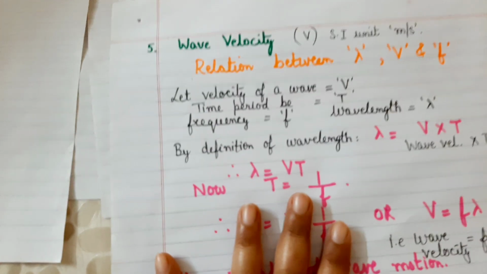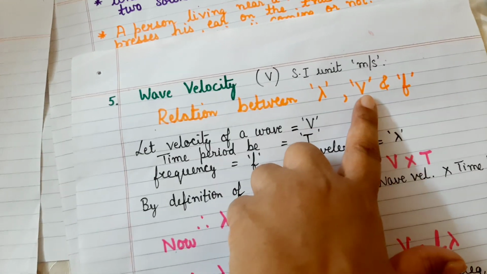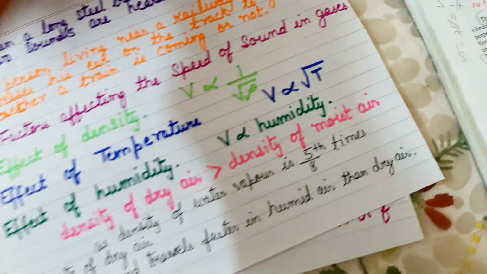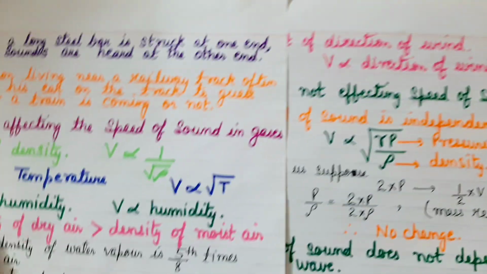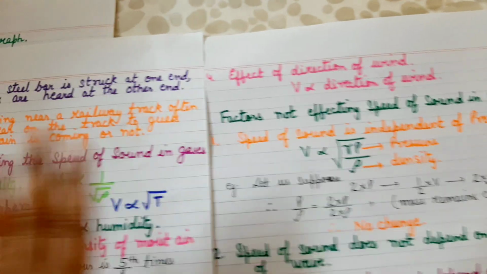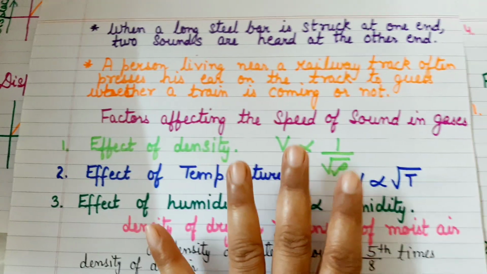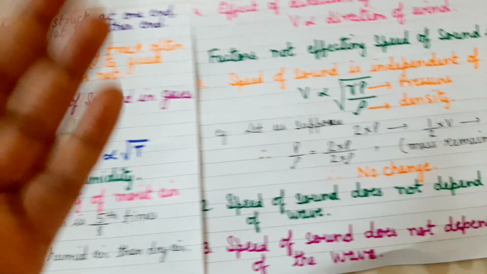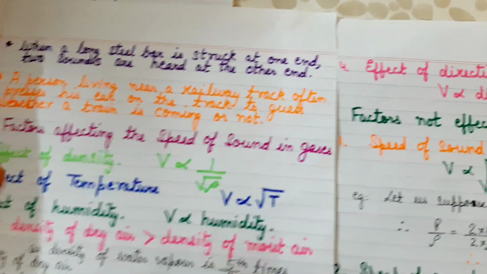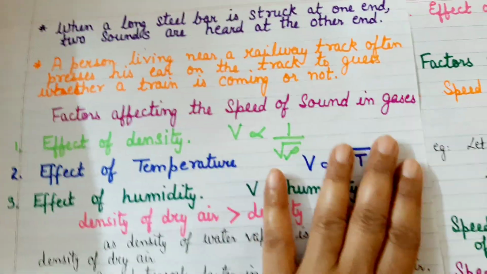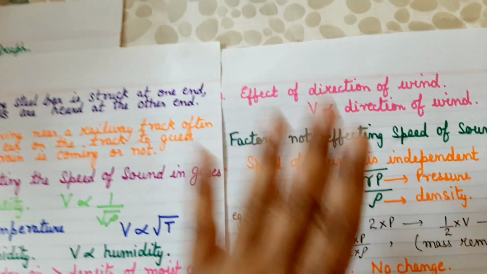Then I also derived a relation between wavelength, wave velocity and frequency of a wave. I also discussed a few reasoning questions with you, children, and towards the end I discussed the generalized factors on which the speed of sound depends, then the factors specifically on which the speed of sound in gases depends, and the factors on which it does not depend.